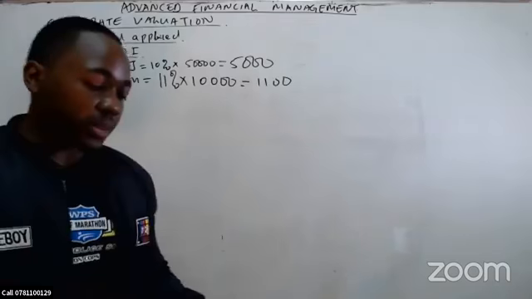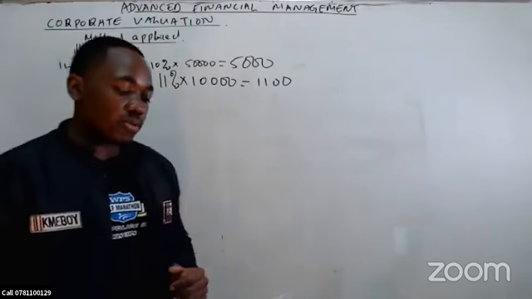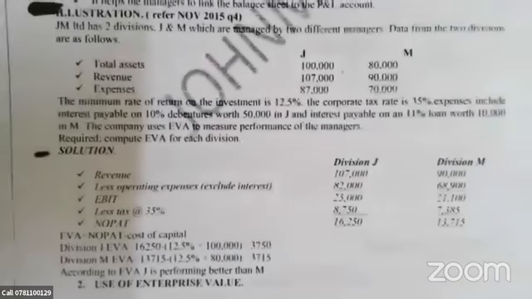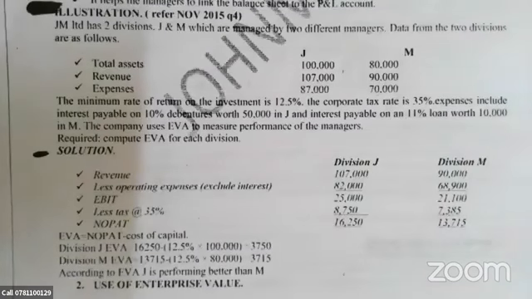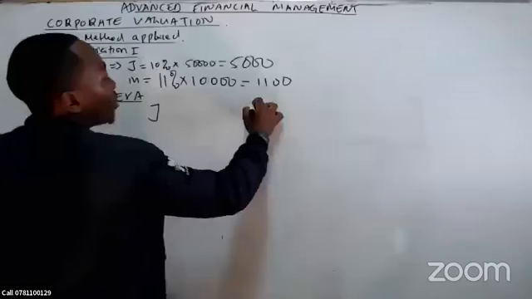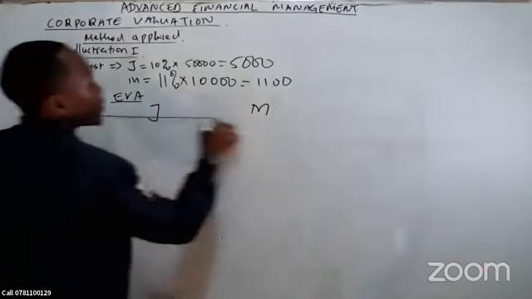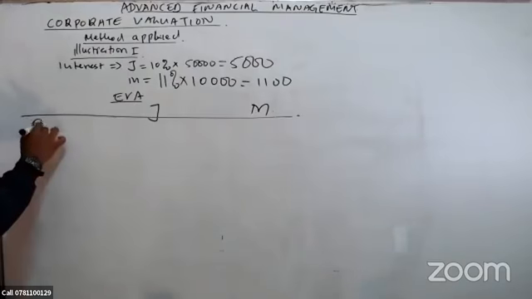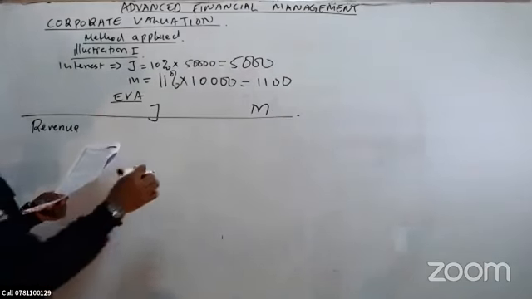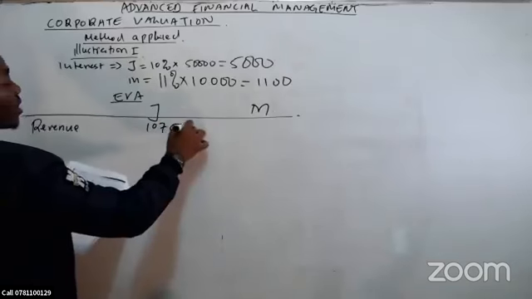Then you are told that the company uses EVA to measure performance of the managers. Required: compute EVA for each division. So how do we compute EVA? This is how we get the EVA. We have division J, and then we have M. You take the revenue. For J you are given a revenue of 107,000.